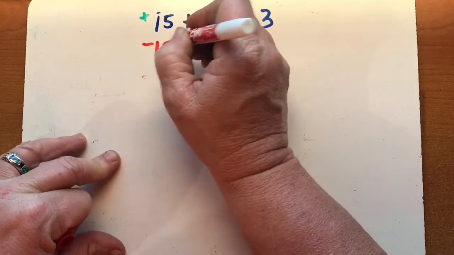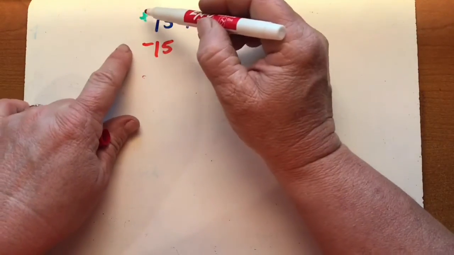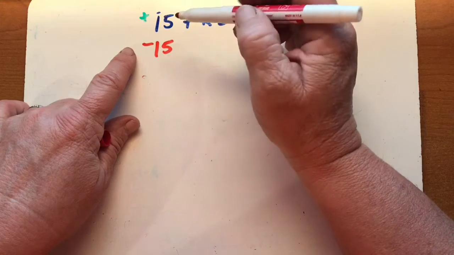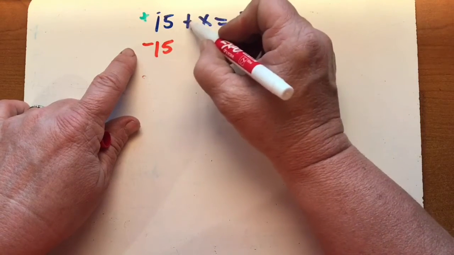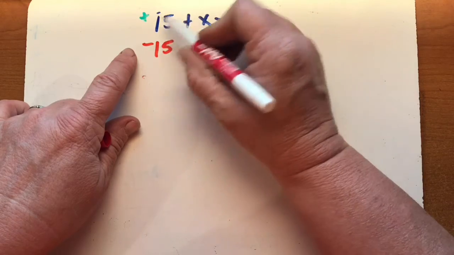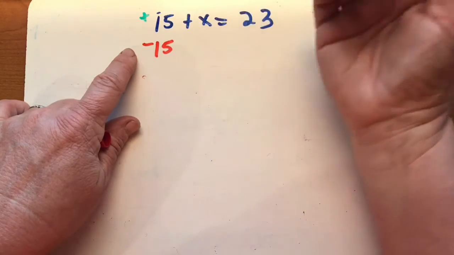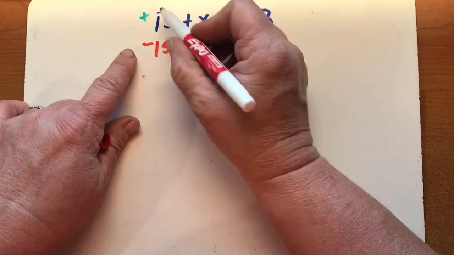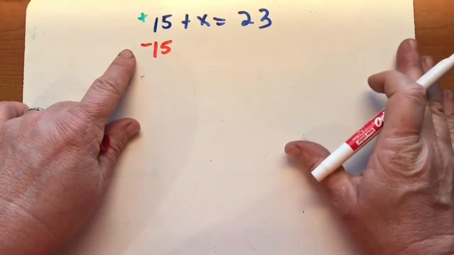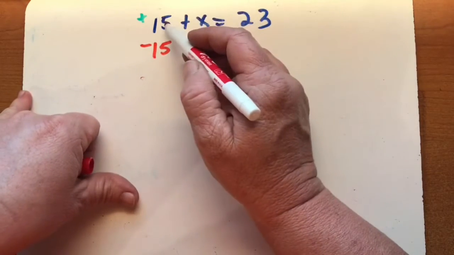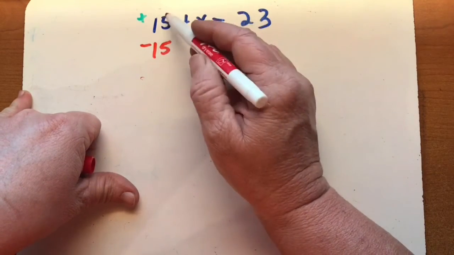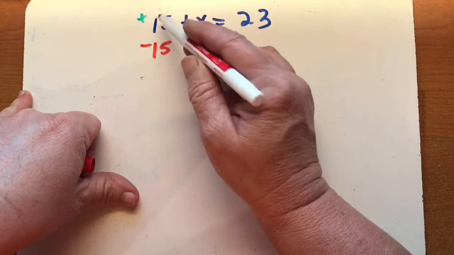Okay? And the reason I'm telling you this now is because it gets a little hairy when this is a subtraction sign in here and they've got a number over here, which I'll show you. I'll give you examples here in a minute. So right here, okay, I've got to undo what's going on here. So a positive 15 is being added to x, so I'm going to subtract 15 from itself.